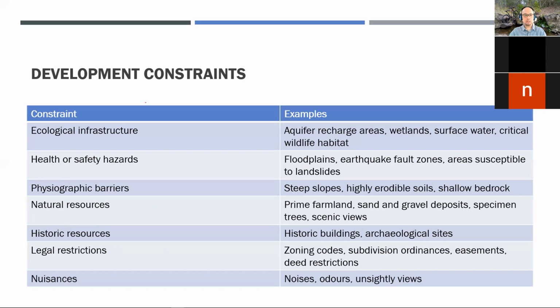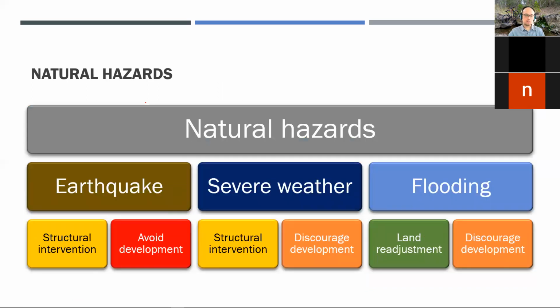Another development constraint that has something to do with health or safety hazards would be, of course, natural hazards. If you ignore these potential site hazards, it can lead to very expensive and even potentially deadly disasters.